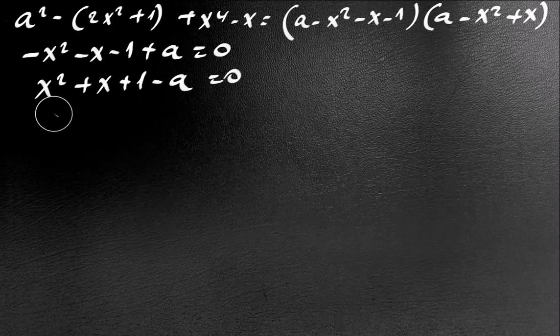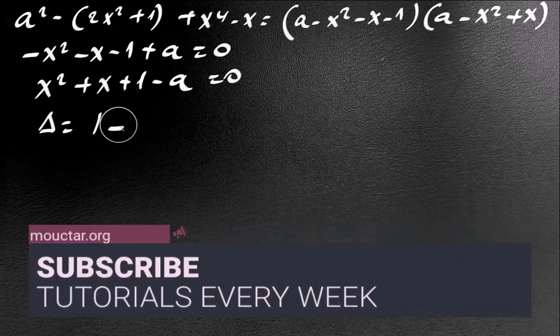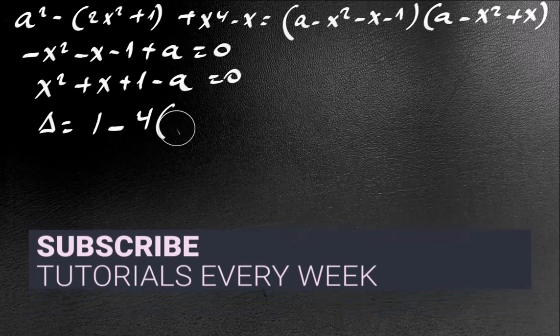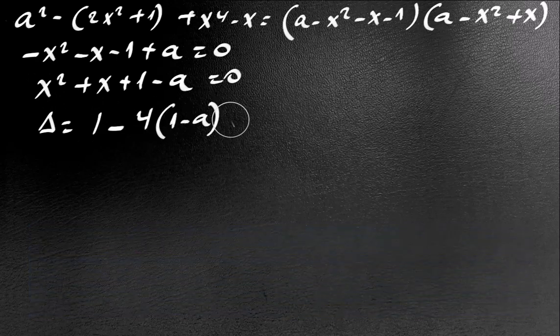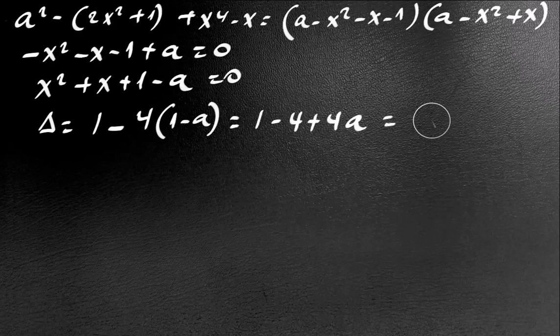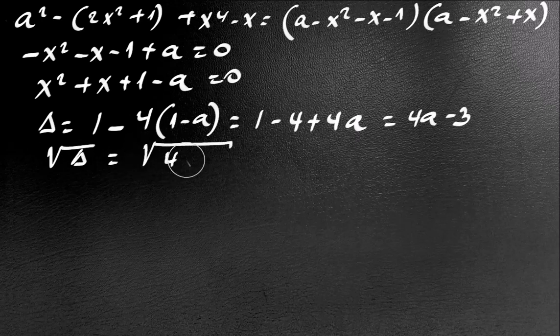So we can calculate another discriminant here, and the discriminant will be 1 minus 4 times 1 minus a, is equal to 1 minus 4 plus 4a, is equal to 4a minus 3, right? Excellent. So we have that discriminant, and square root of the discriminant will be square root of 4a minus 3.